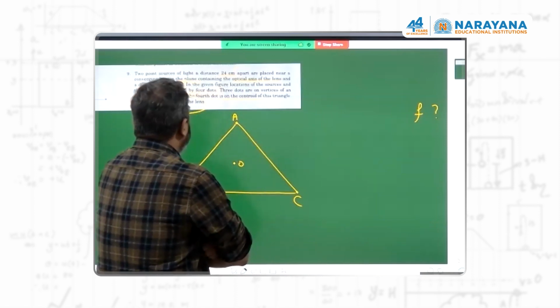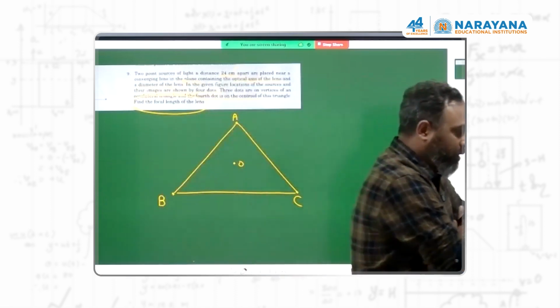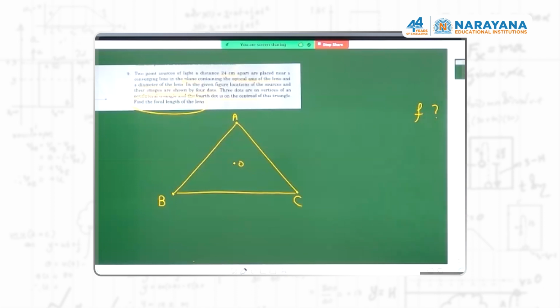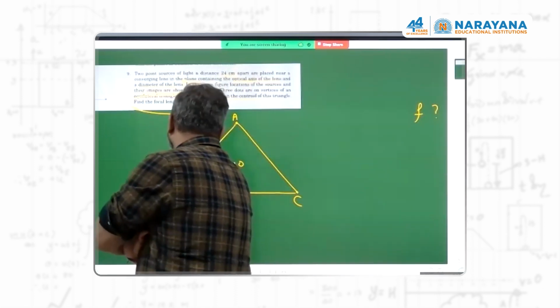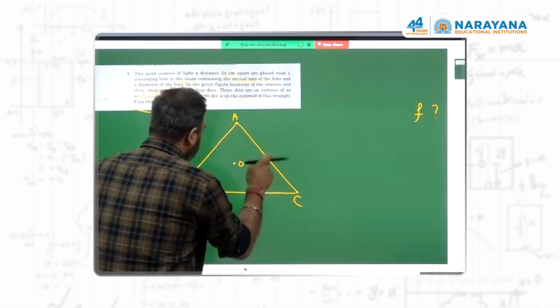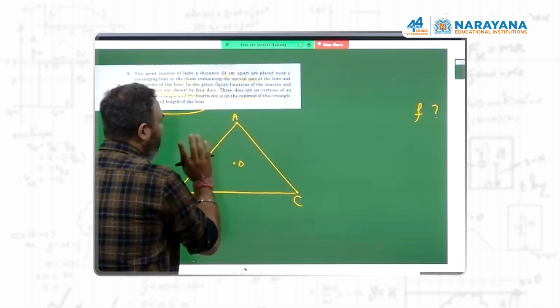First let us think about the position of the sources, S1 and S2. Now there are 2 possibilities. Either S1 and S2 both are lying on the periphery, that is A and B, B and C, or C and A, they are symmetric. So either 2 of these positions are acting like sources and the remaining 2, that is one vertex and the centroid, are the images.